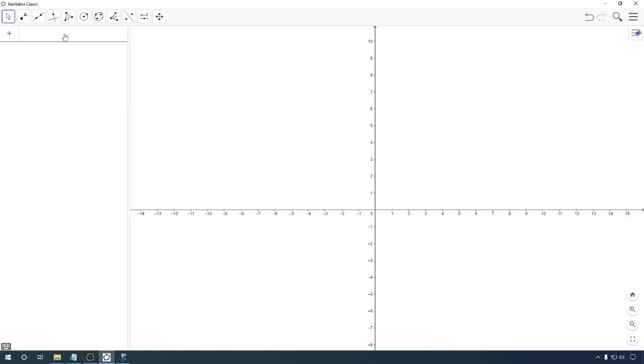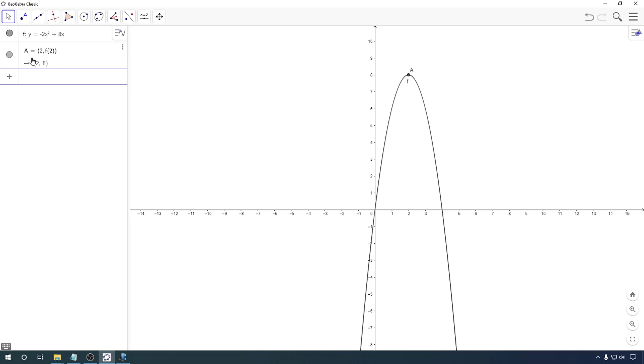If we go ahead and actually plot that function, y equals negative 2 times x squared plus 8x, we can see that the point on here of 2 comma whatever the value of the function is at 2, which I guess is 8, is actually the vertex of this parabola. We have a name for it when it comes to parabolas.